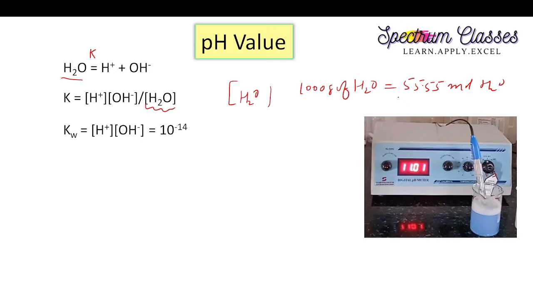How can you understand this? The weight of H2O is 1000 grams, divided by 18, the molecular weight of water, so we get this much.